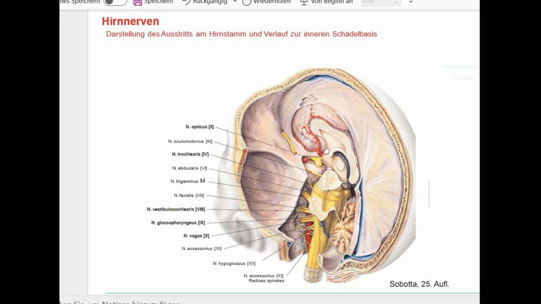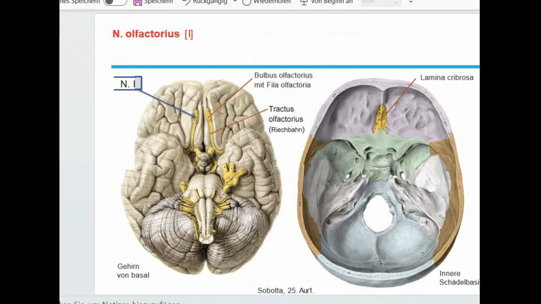Now the first nerve is called the olfactory nerve. This consists of two parts, the olfactory bulb and the olfactory tract. What is important about the nerves is that we know the main functions and what passes through the skull. These two things are the most important.